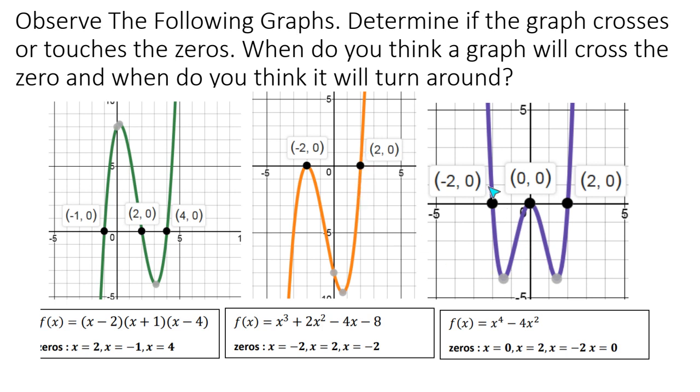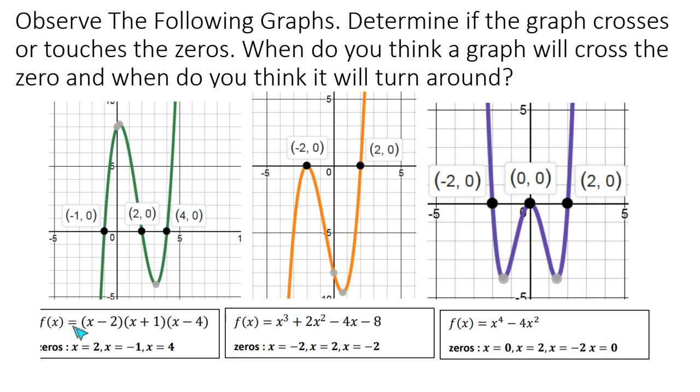And the same here. This one crosses the x-axis. This one touches the x-axis and then it turns. So how do we know when that happens? The way we're going to figure that out is by looking at the zeros and checking to see if they repeat themselves.